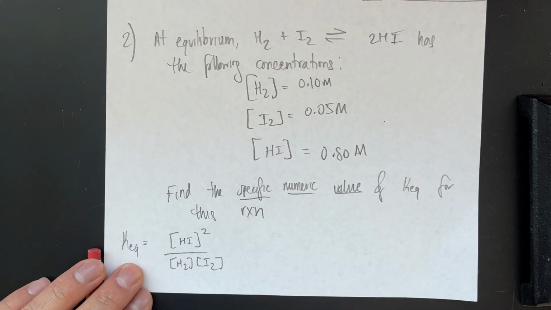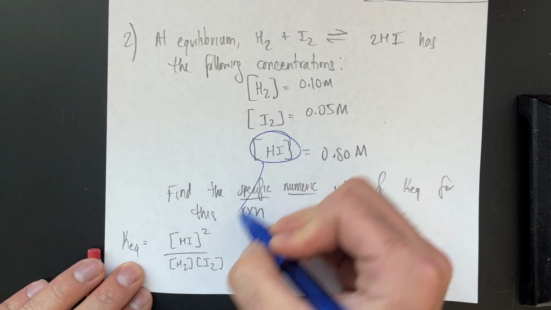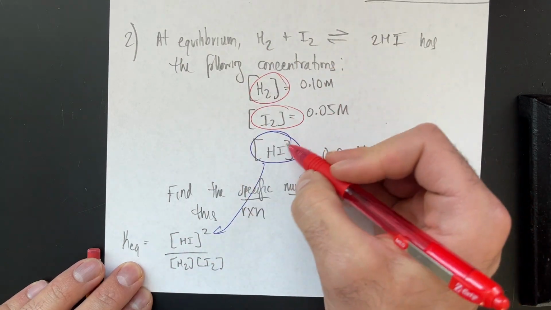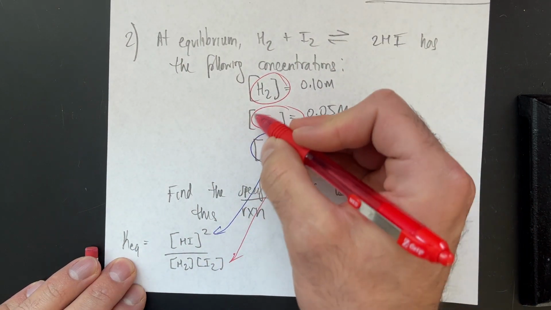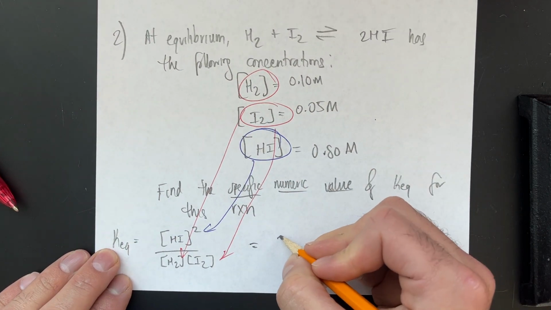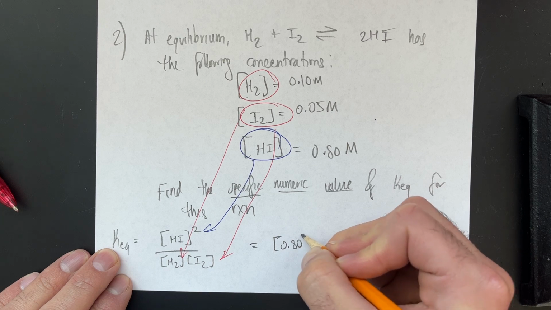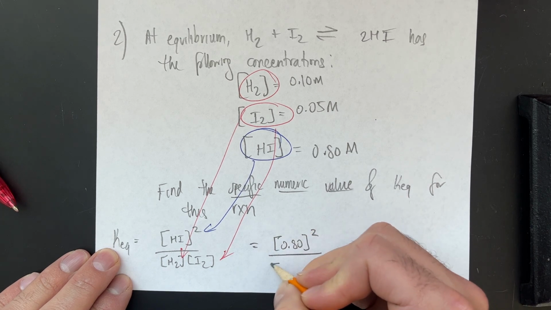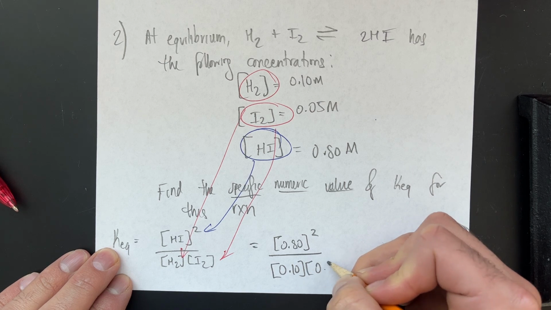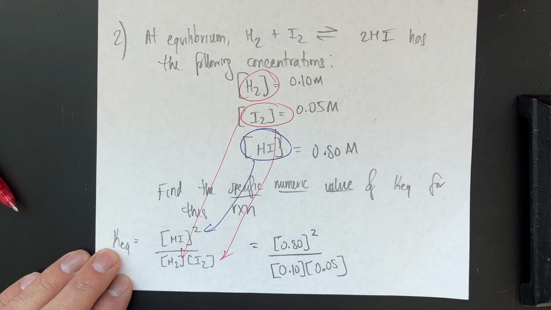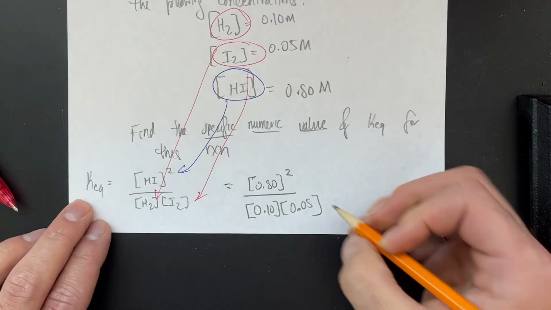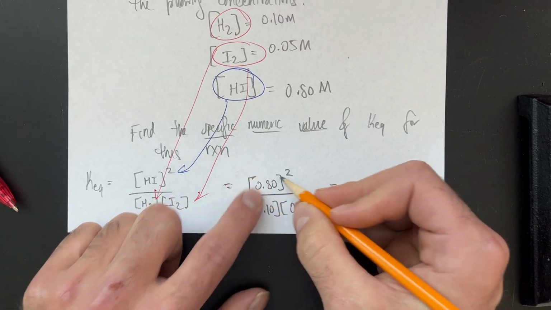And so now all I have to do is plug in. So we put that there, and we put these here. For HI, it is 0.80 squared. H2 is 0.10. I2 is 0.05. And unfortunately, I do not think I have my calculator. Otherwise, I'd show you how to put it into your calculators. But it's literally just, think of the brackets as parentheses.